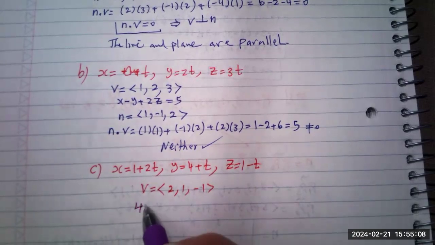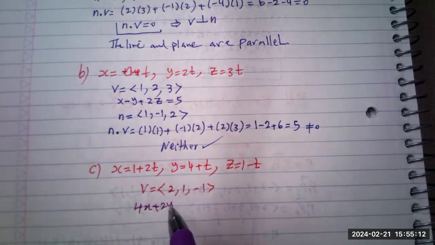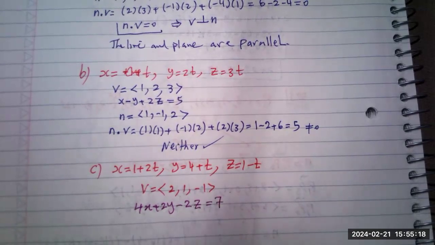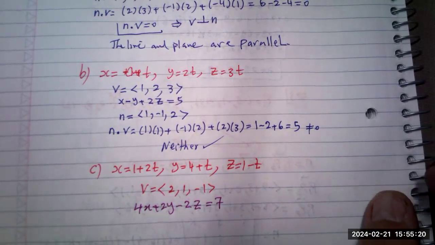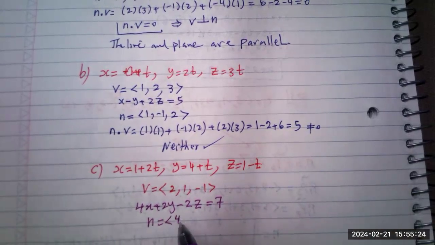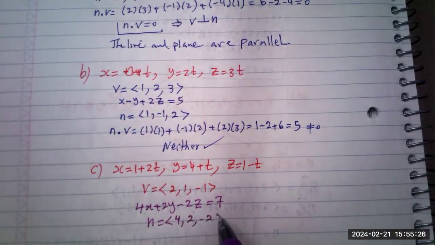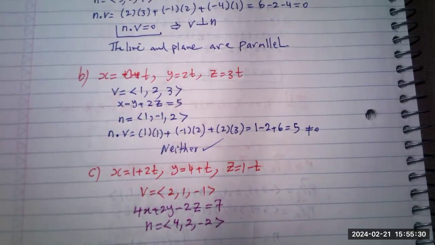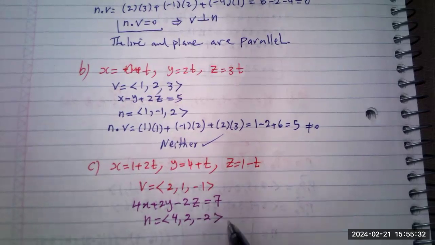Get the plane. The plane is 4x plus 2y minus 2z equal to 7. The coefficients of x, y, z are going to be your normal vector. So the coefficients are 4, 2, -2. As you can see, this is twice of v.